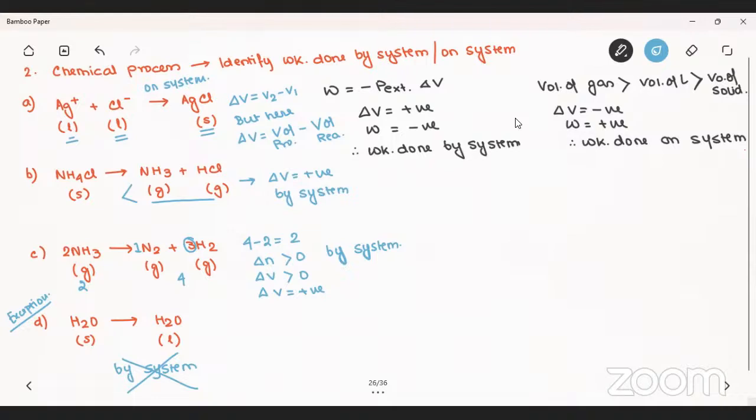See, you know what density is according to physics? Mass by volume. So density and volume are inversely related, which means if density is increasing, volume is reducing. And if density is reducing, volume is increasing.